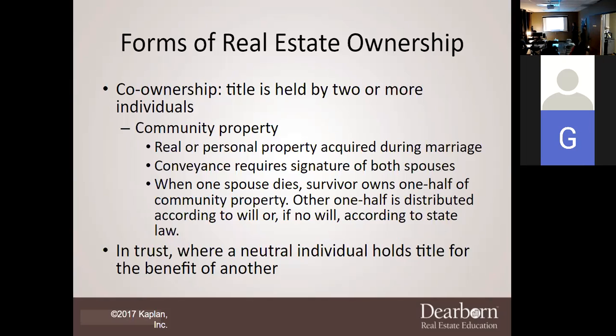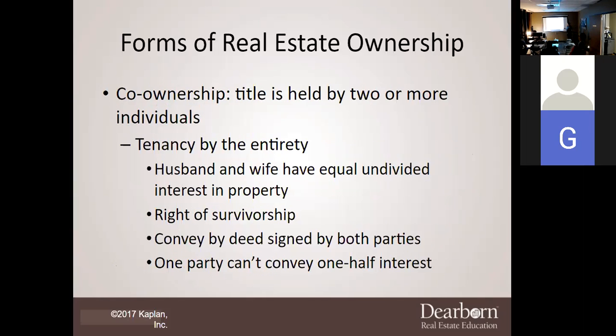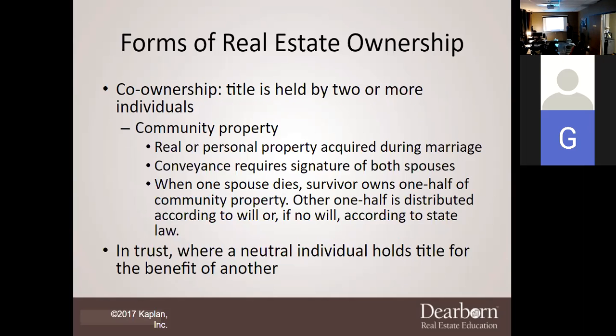Unlike the tenancy by the entirety we just talked about, where the interest automatically goes to the other spouse, in community property the husband or the wife can transfer their ownership to someone else.